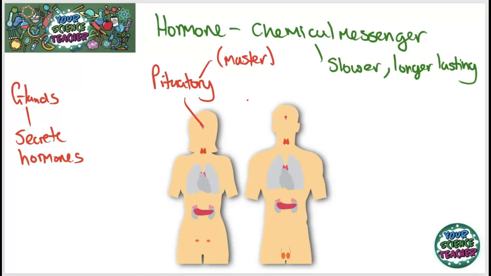For example, the pituitary gland can produce a thyroxine stimulating hormone, and then the thyroid, which is situated here, will start producing thyroxine. And this hormone called thyroxine controls our metabolic rate and growth.